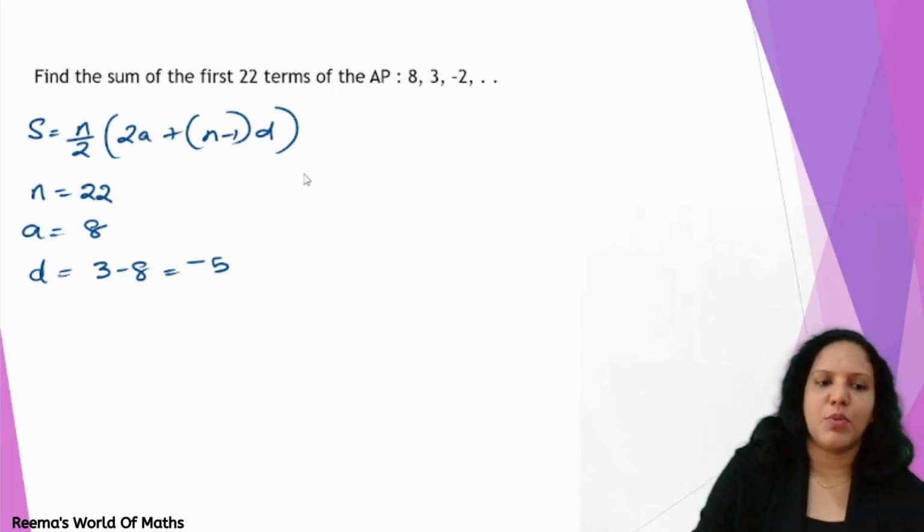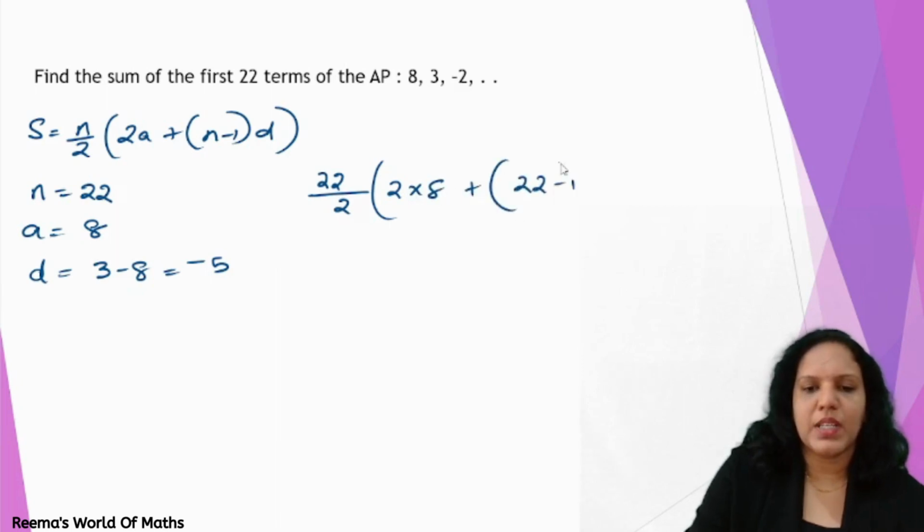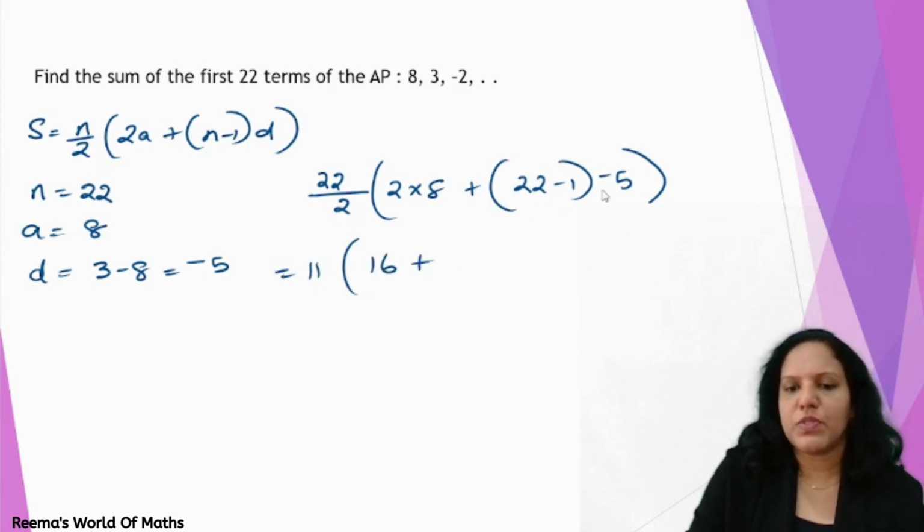Let's replace this in the formula, which is n by 2, that is 22 divided by 2, multiplied by 2a, which is 2 multiplied by 8, plus n minus 1, which is 22 minus 1, into d, which is minus 5. So that will be 11 into 16, since 2 multiplied by 8 is 16, plus 21 times minus 5, which gives you minus 105.